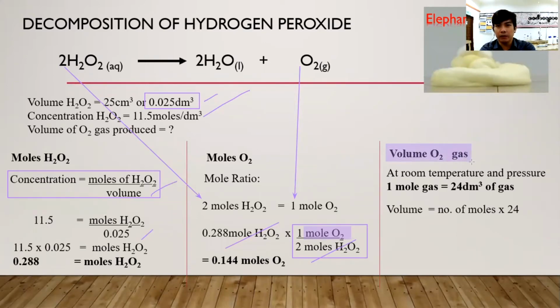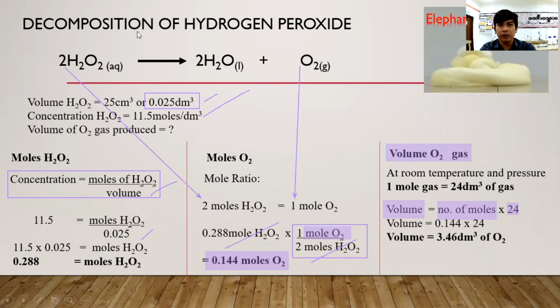So we know the moles of oxygen, which is 0.144 moles O2, then multiply it with 24. So this will be 0.144 times 24, then you will get the answer. It is 3.46 dm cubed of oxygen gas. So in the experiment that we conducted, we have created 3.46 dm cubed of oxygen gas.